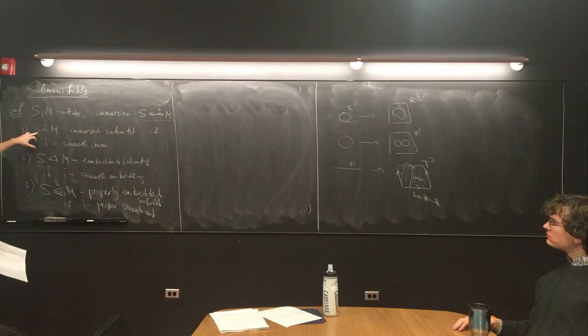So again, the proof of number one is trivial. Take a slice chart, which we now know always exists, such that S intersected with this neighborhood U just consists of points of this form, a bunch of zeros, and define phi as x_{k+1} squared plus etc. plus x_m squared.